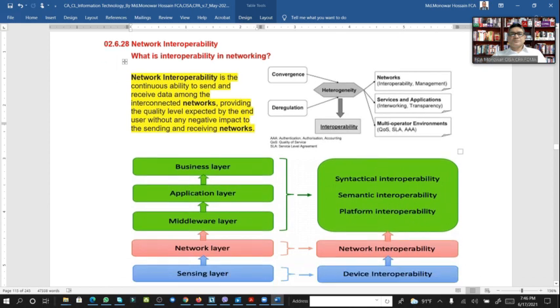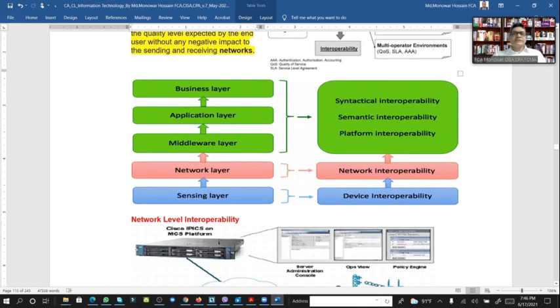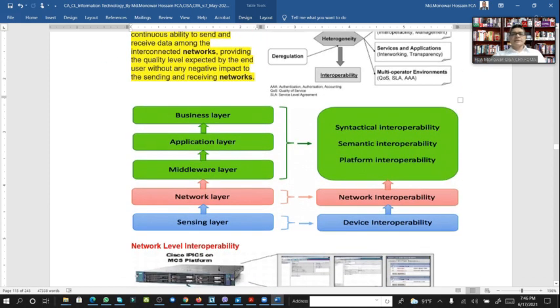So look here, within that interoperability layer there are, for example, the business layer, application layer, middleware layer, network layer, and sensing layer. The business layer performs syndicated interoperability, then network interoperability with the network layer, and device interoperability with the sensing layer. All layers work through interoperability.